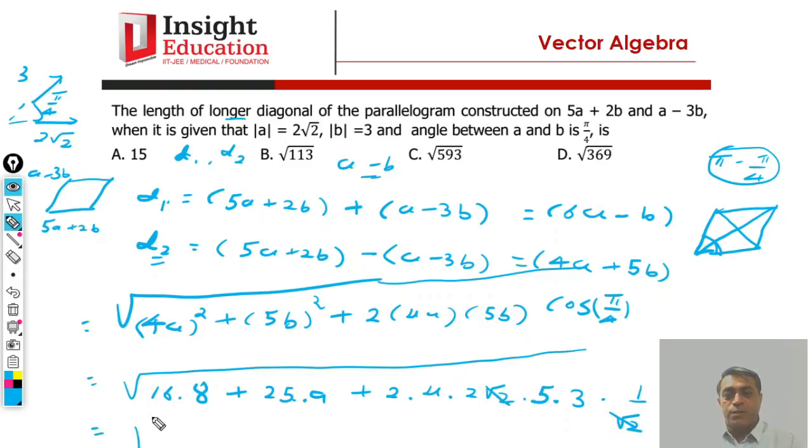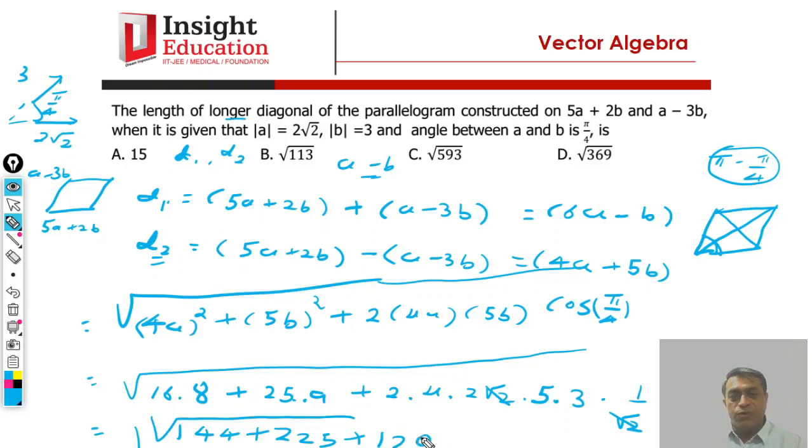So here it is 16 into 8, so 128 plus 25 into 9, 225, plus 15 into 2, 30 into 4, so 120.